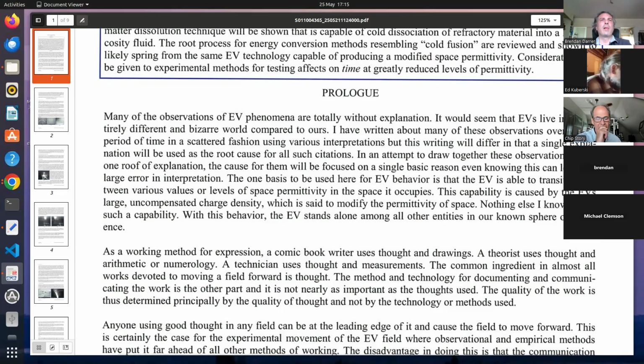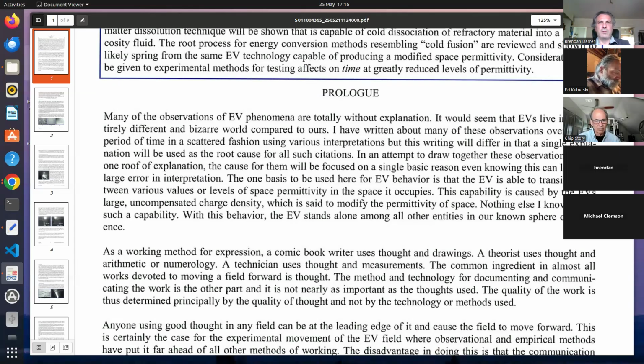Prologue. Many of the observations of EV phenomenon are totally without explanation. It would seem that EVs live in an entirely different and bizarre world compared to ours. I've written about many of these observations over a long period of time in a scattered fashion using various interpretations, but this writing will differ in that a single explanation will be used as the root cause for all such citations.